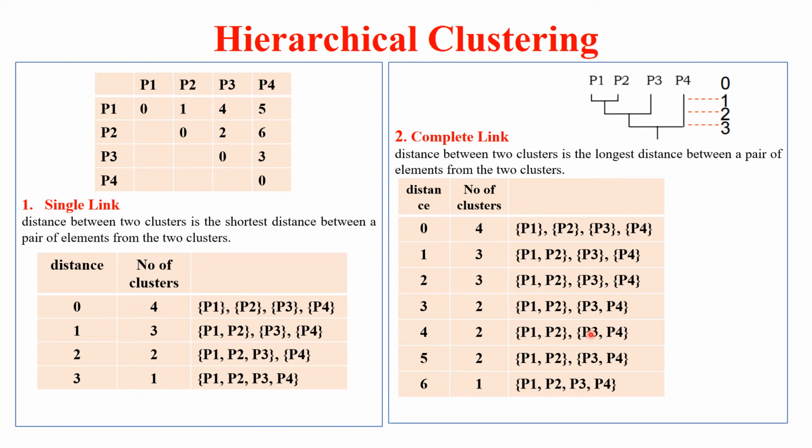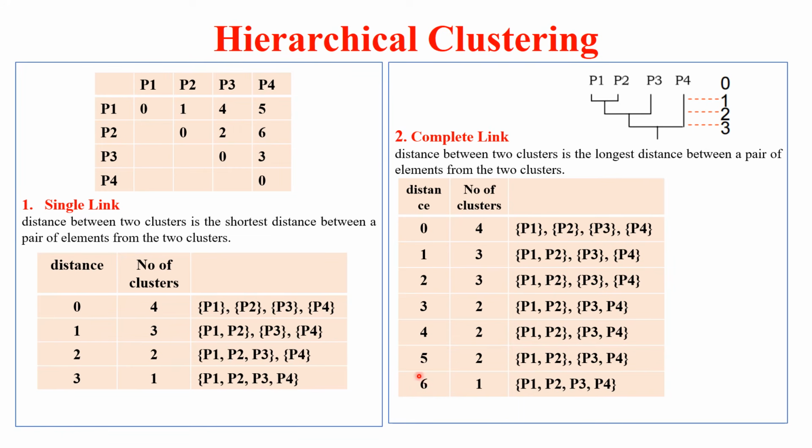Looking at the distance matrix, we can find P1 and P4 are at distance 5, not within the threshold. Also, P2, P4 are at a distance 6. That is not within the threshold. So that will remain as such. When we increase the distance to 5 again, the clusters will remain as such. We can't merge. So still there are 2 clusters here.